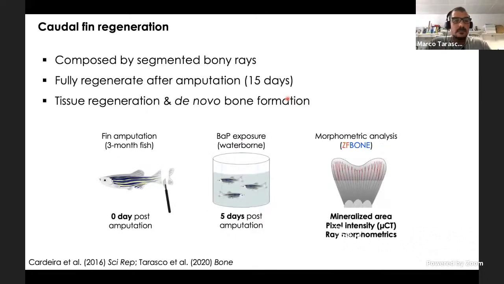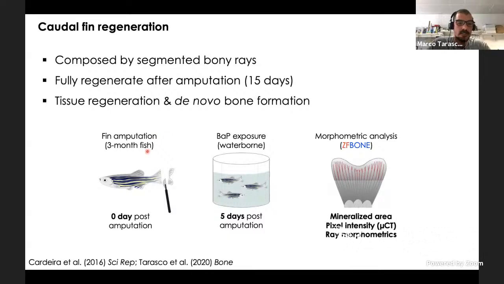Then we also use a regeneration system. Zebrafish, in fact, can regenerate many organs, and the caudal fin is one of them. The caudal fin is also composed of segmented bony rays, and normally takes around 15 days to complete the regeneration process. This system is very interesting since it can give us information about tissue regeneration upon exposure and also de novo bone formation.